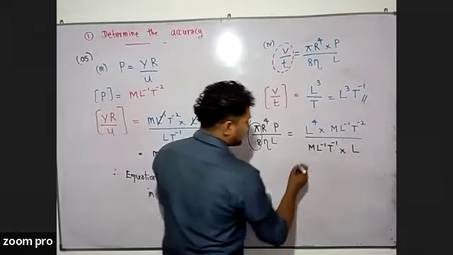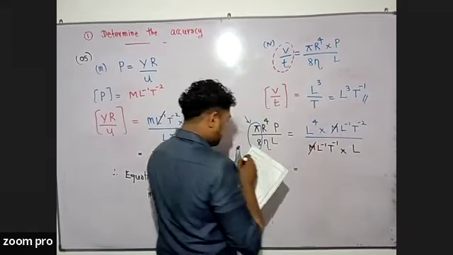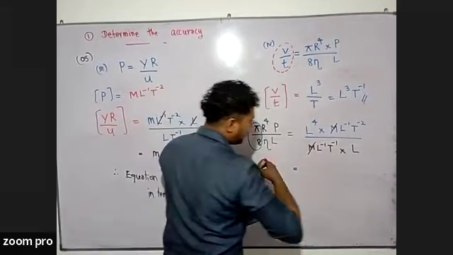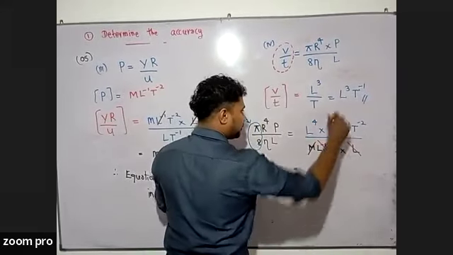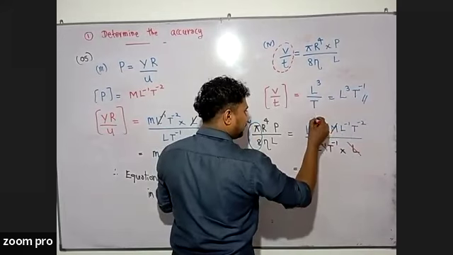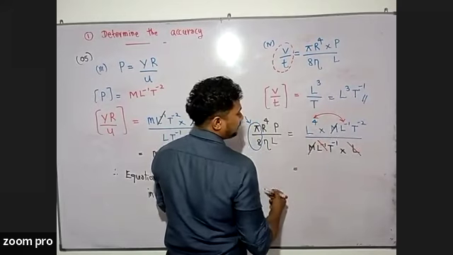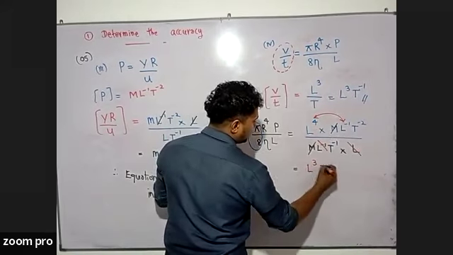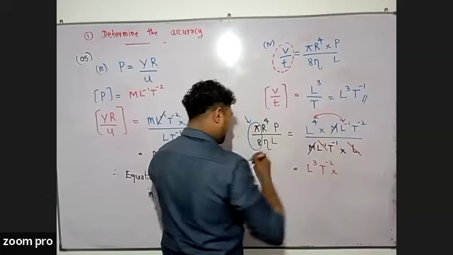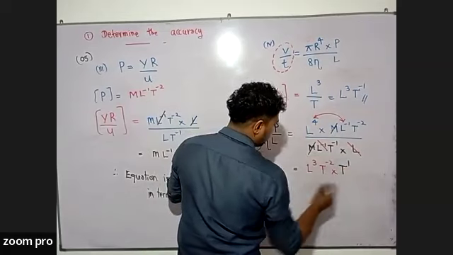So let's simplify this equation. This M can be cancelled, and this L^-1 and this L can be cancelled when the T's come to the denominator. If we further simplify these two, L^4 and L^-1, that means L to the power 3, T to the power 2. When the T^-1 comes to the denominator, it's converted into positive 1.